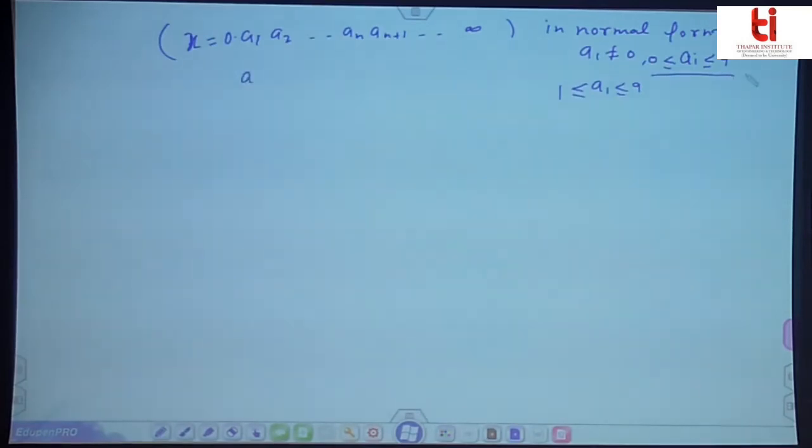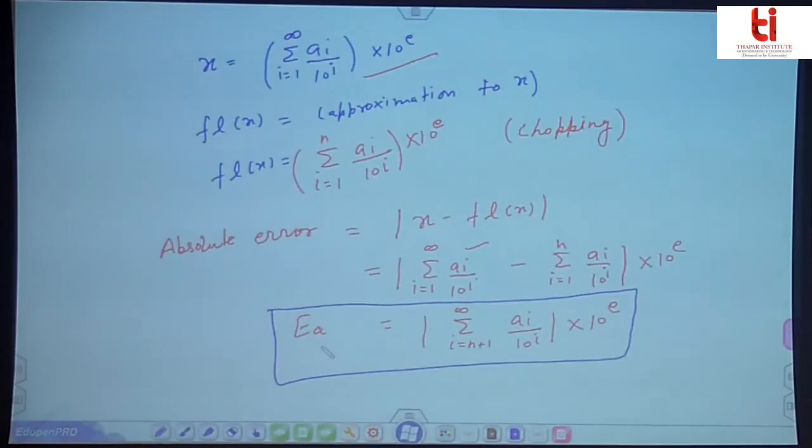Here i is from 1, 2, 3 up to infinity. So just keep in mind, in this absolute error, a_i means a_(n+1), a_(n+2), a_(n+3).